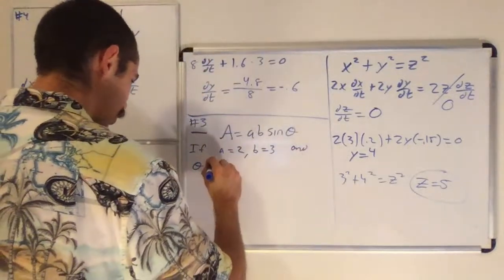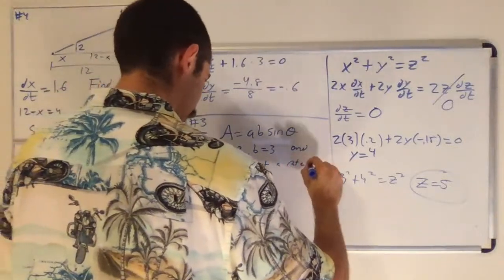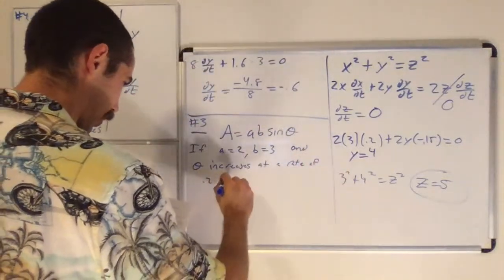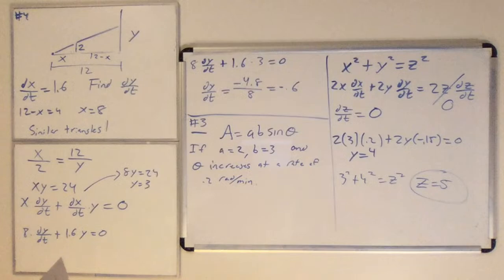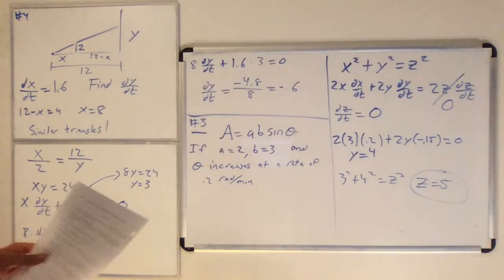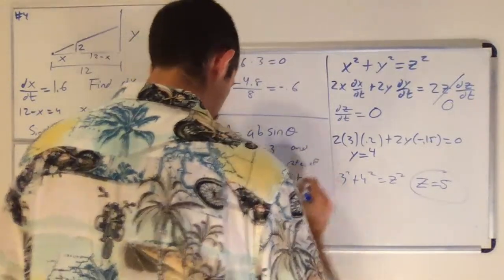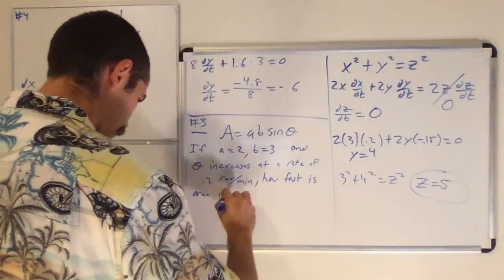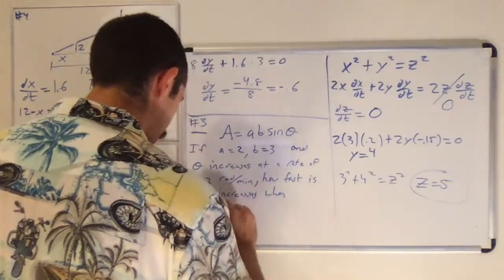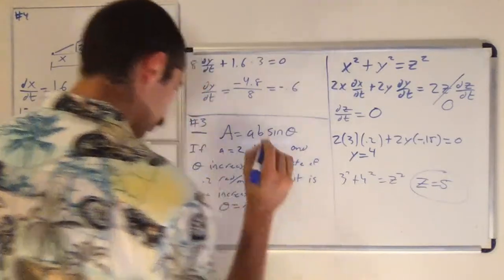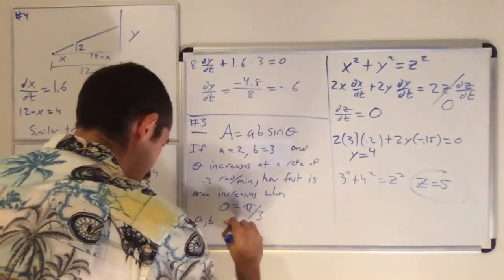And theta increases at a rate of 0.2 radians a minute. How fast is the area increasing when theta equals pi over 3? Here a and b are constants.